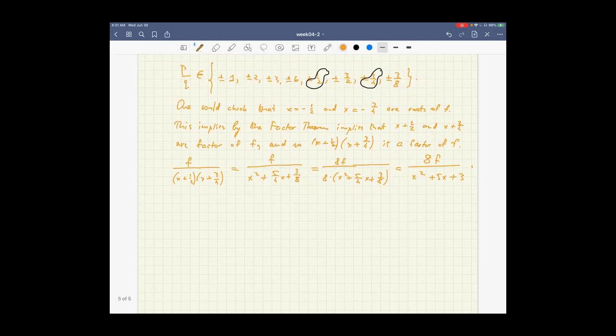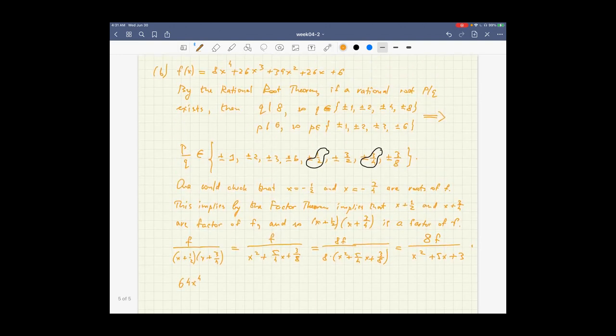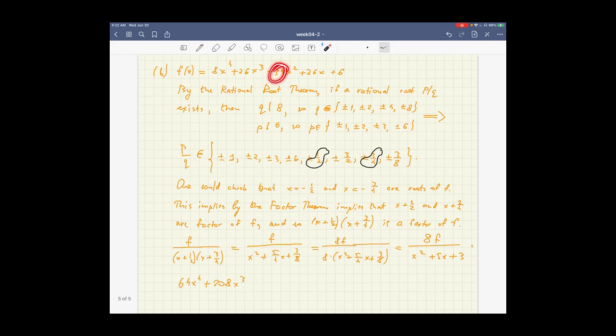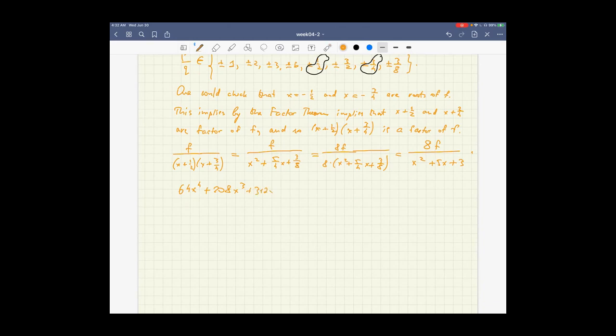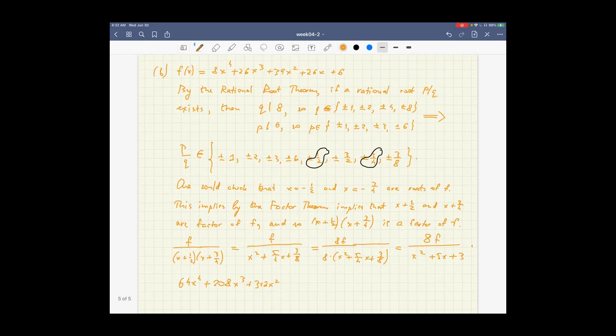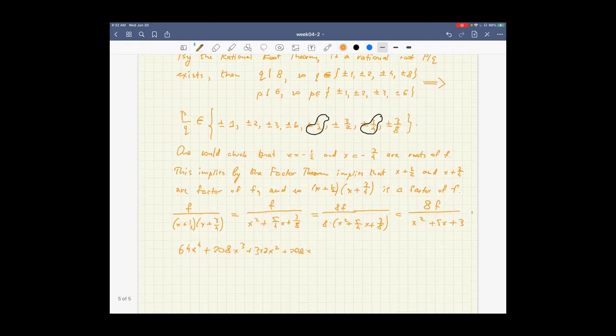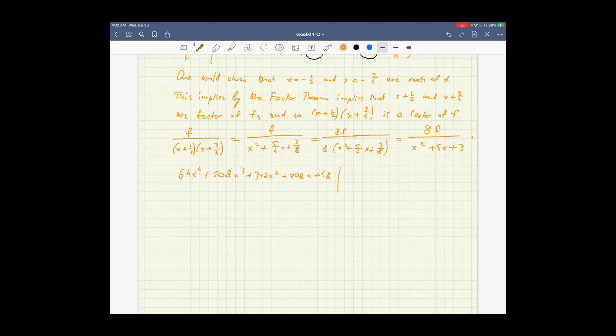Now 8 times f will be 64x to the fourth plus 26 times 8, which is 160 plus 48, is 208x cubed, plus 39 times 8, that's 240 plus 72, 312, times x squared, plus again 208x plus 6 times 8, which is 48, divided by x squared plus 5x plus 3.